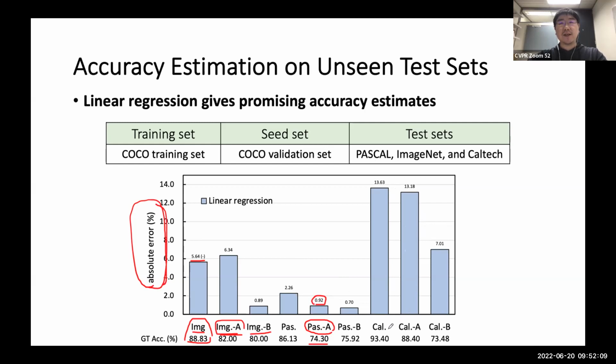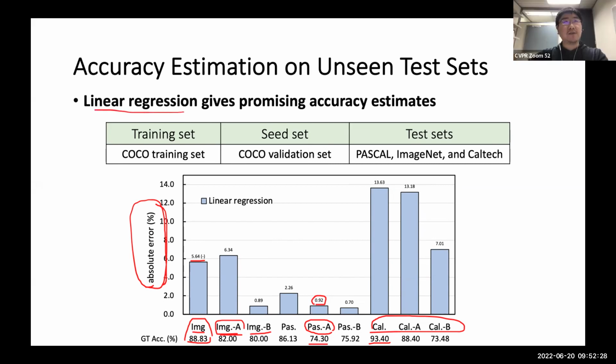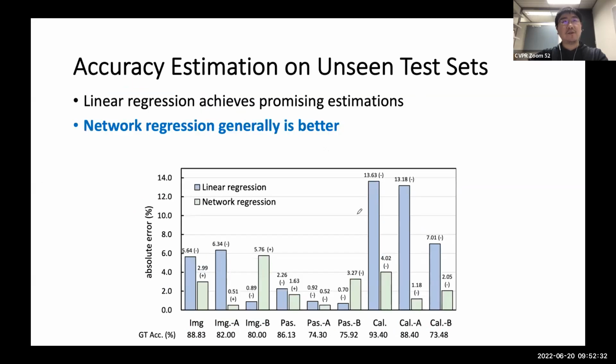What is challenging is these Caltech data sets. The ground truth accuracy is around 93, and our estimated one has 13% error from this ground truth accuracy. This is the result of linear regression. We only have 2 parameters. If we look at neural network regression, it is generally better than linear regression.